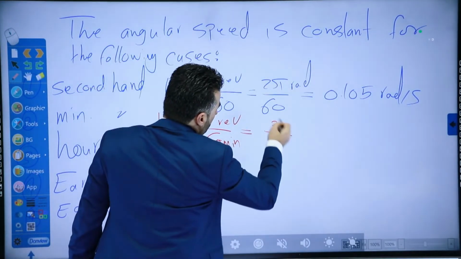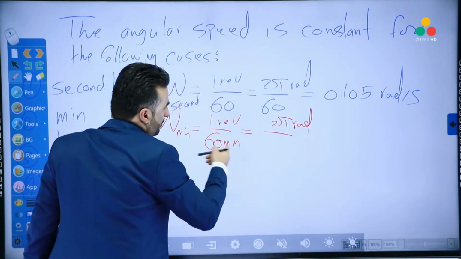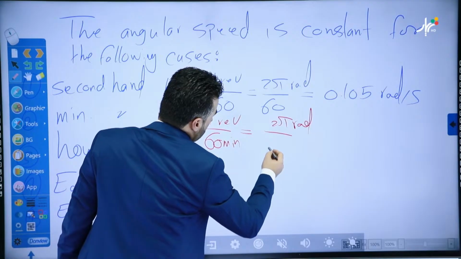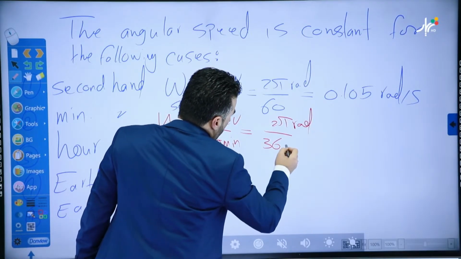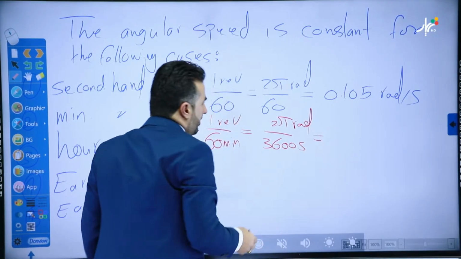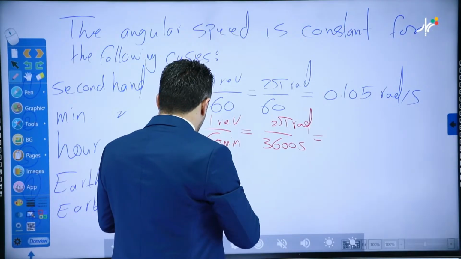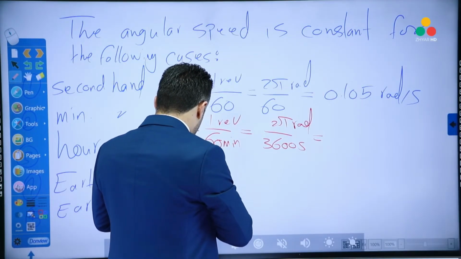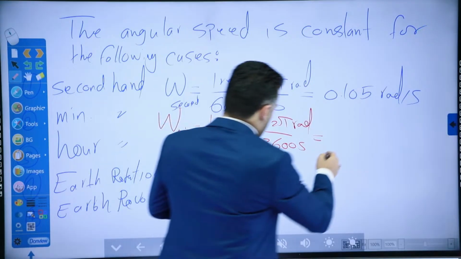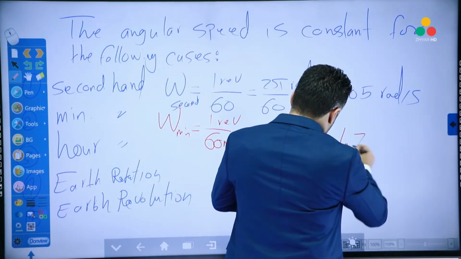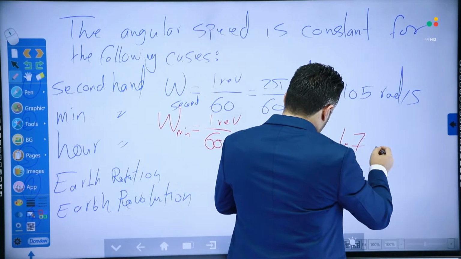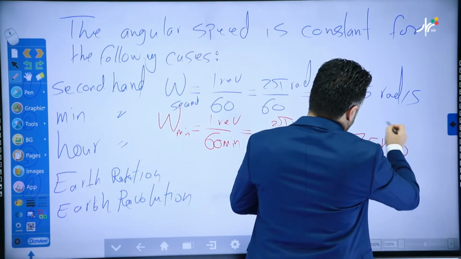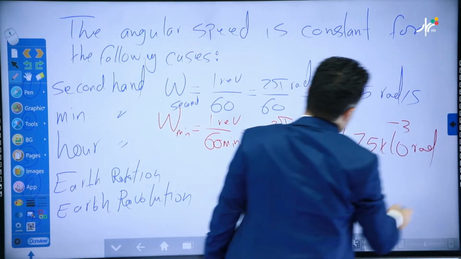So we can say 2 pi radian divided by 60 minutes times 60 seconds per minute, which is 3,600 seconds. That is about 1.75 times 10 to the power of -3 radian per second.